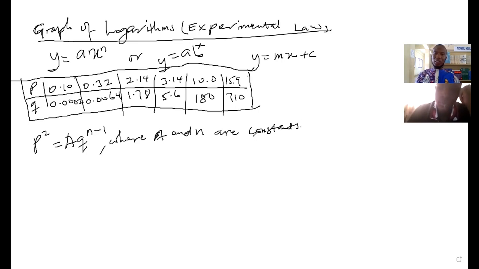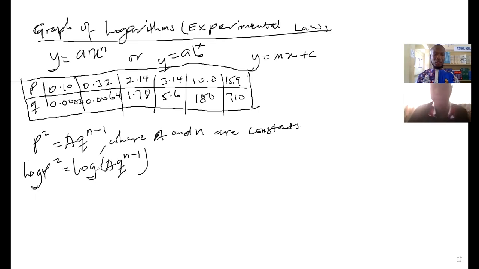From what we did yesterday, we have to transform this relation into linear form by using change of variables, which involves taking log of both sides. So log P squared equals log of A Q exponent n minus 1. This is a product, so remember to put it in brackets.